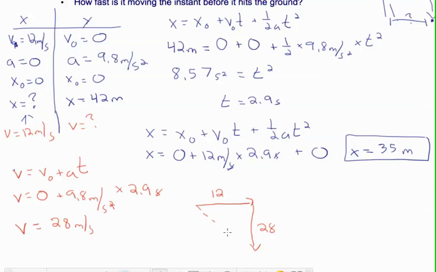But in this case, you're not. It says how fast. It's not asking about direction. It's asking for just plain speed. So you're saved on that one here. So in order to find the final speed, you do 12 squared plus 28 squared equals c squared. And you get that the final speed is 30 meters per second.